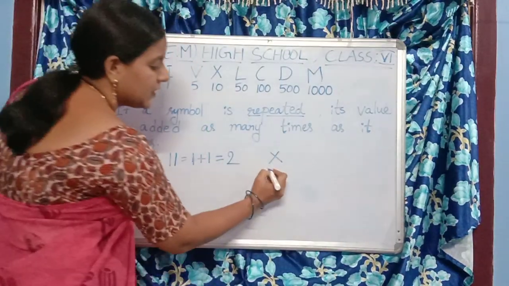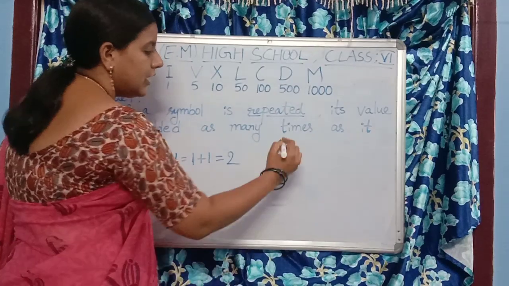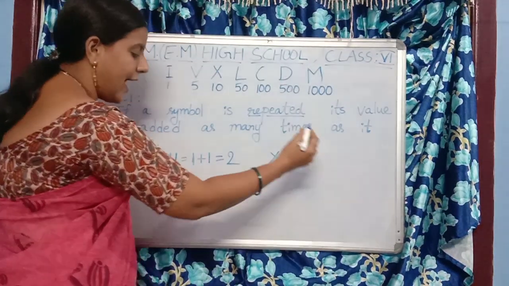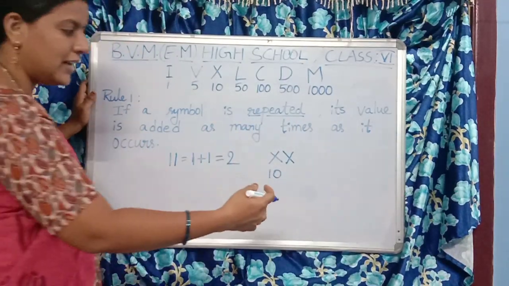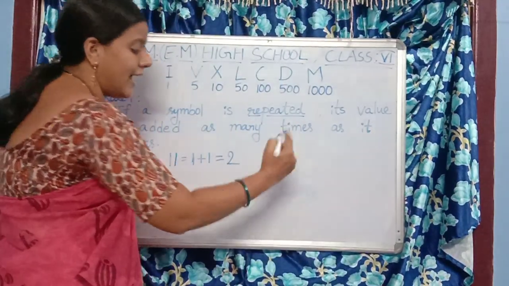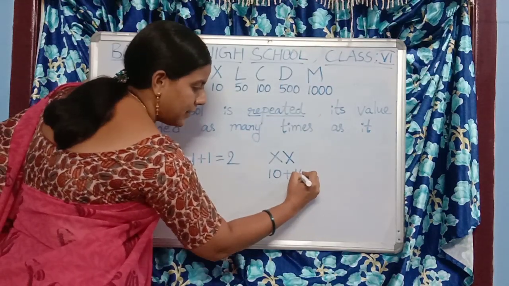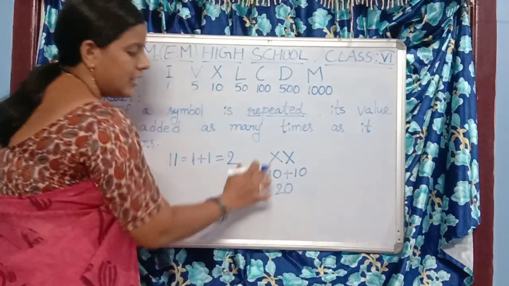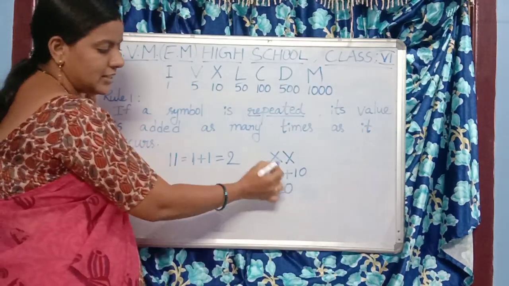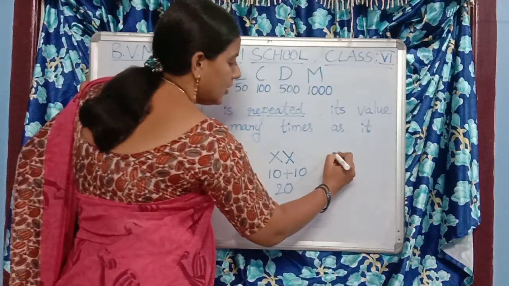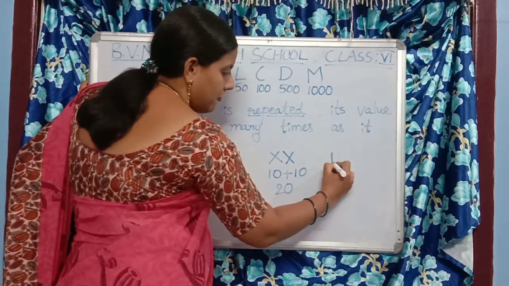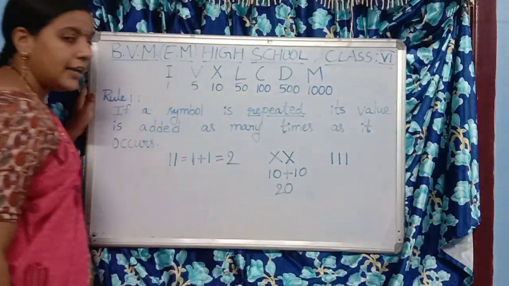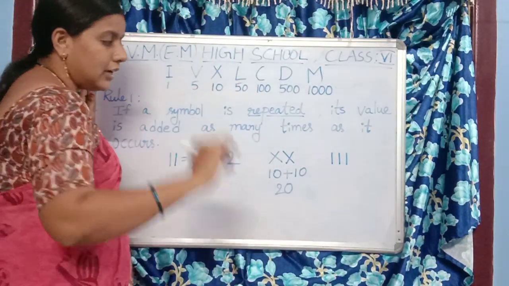X means 10. If it is repeated, its value is added as many times. Means the second time it is added. 10 plus 10. What is 10 plus 10? 20. X X means 20. Look here, I is repeated 3 times.